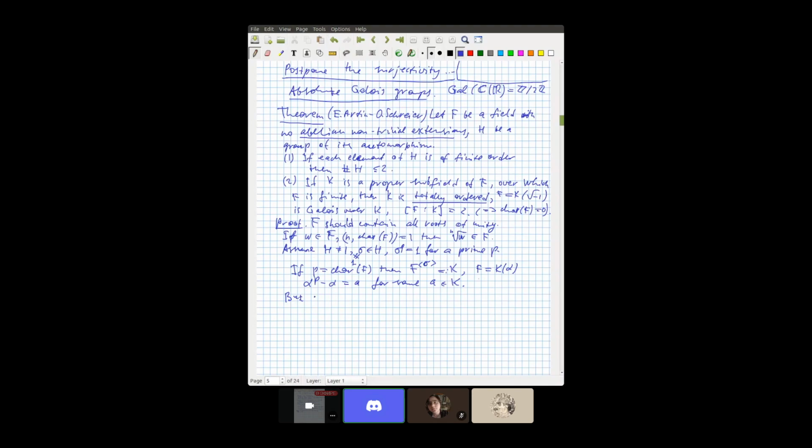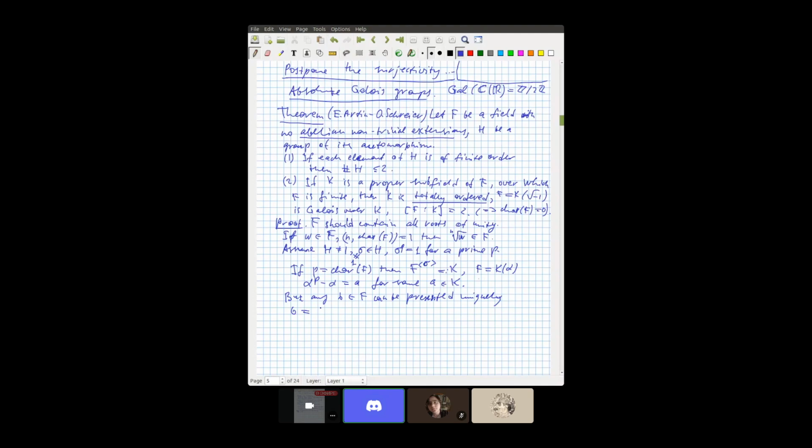Any element of F can be presented uniquely in the following way.